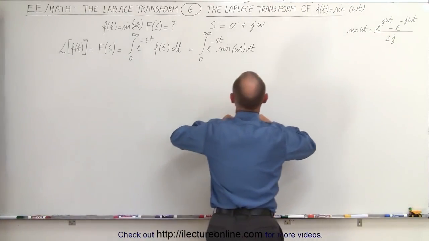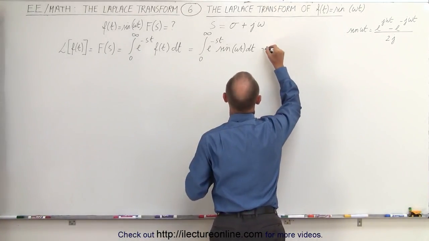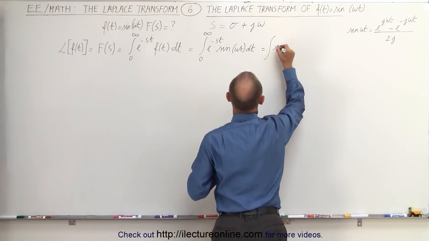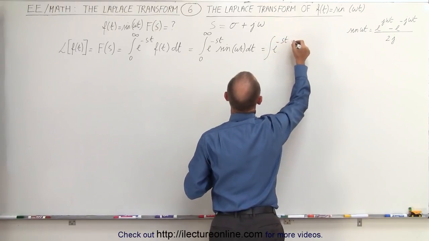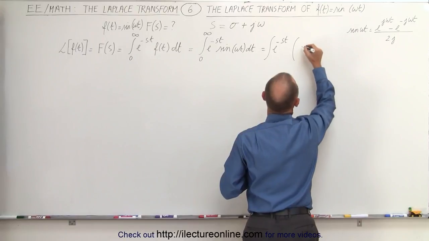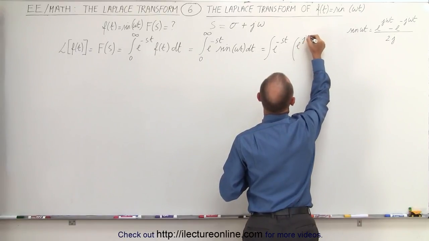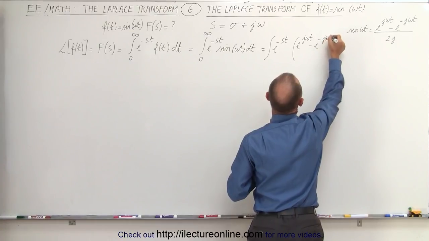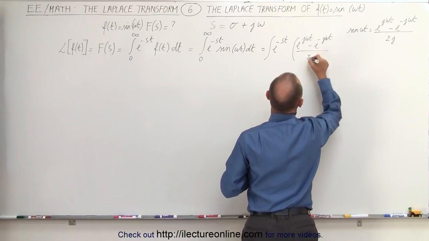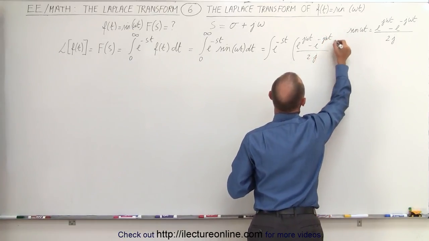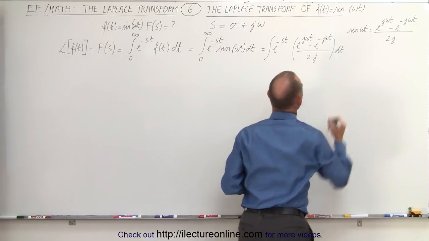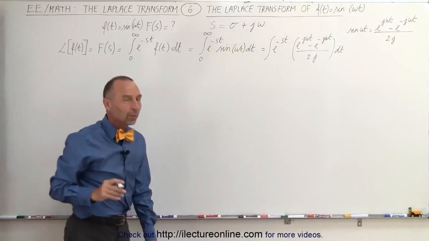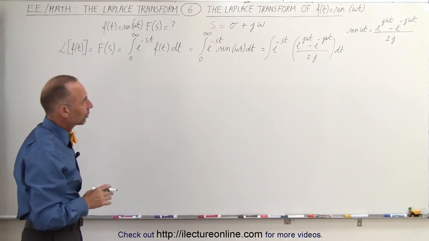So this can now be written as the integral of e to the minus st times the quantity e to the j omega t minus e to the minus j omega t, all divided by 2j times dt. And then you can see we can write this as two separate integrals.